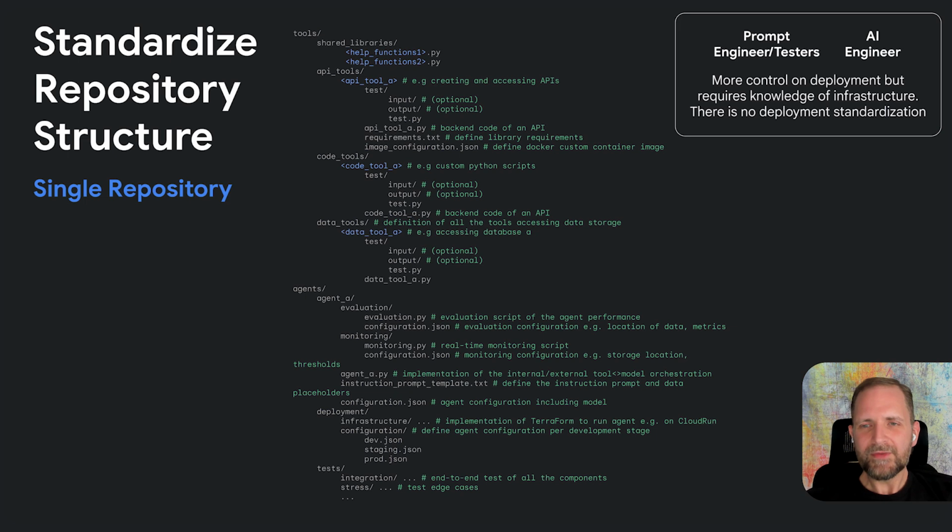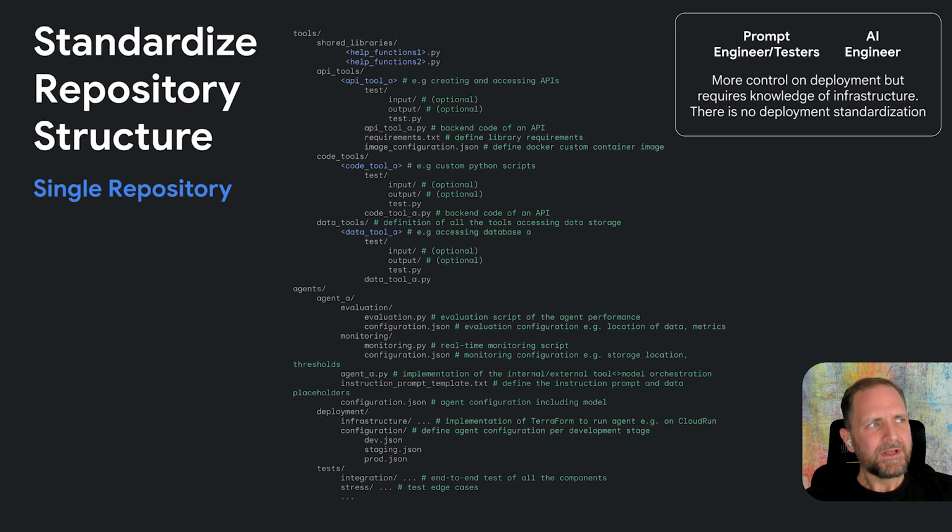This is one of the fundamental parts in all the Ops environments, right? To standardize the repository structure. Here I have an example from one of our customers. You don't need to follow exactly this, but I wanted to show you how we standardized it in the past. Here we have a tools folder, and in this folder, we have API tools and code tools. It might be just a single folder with all the tools, but each tool has its own subfolder.